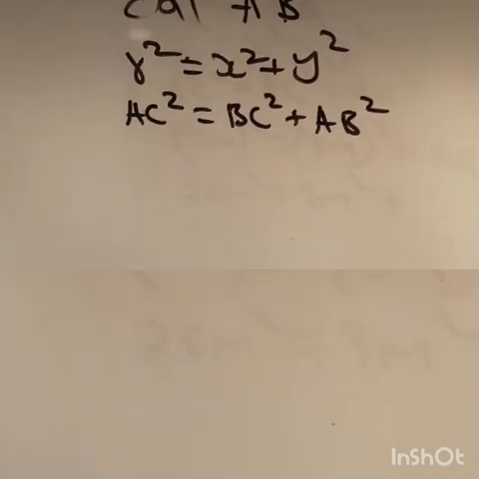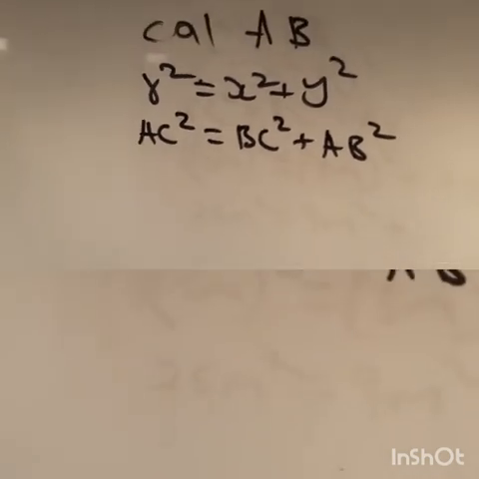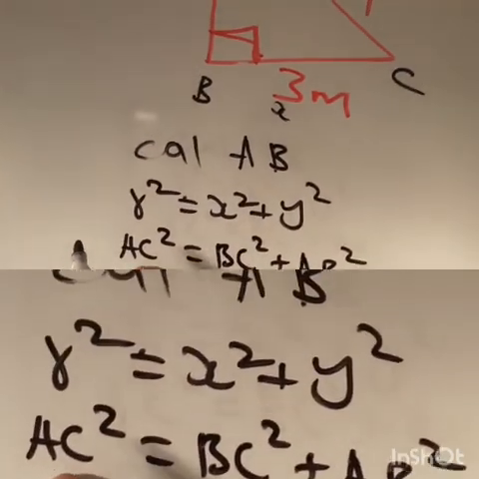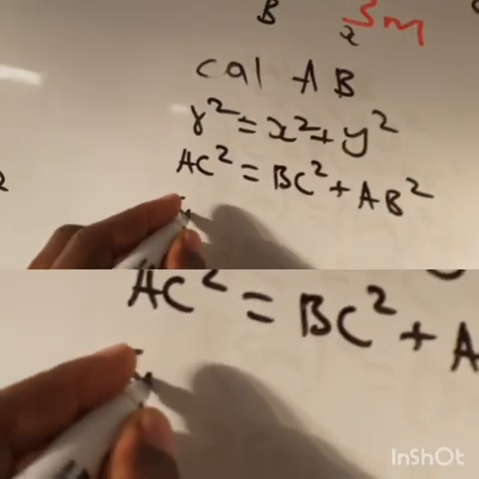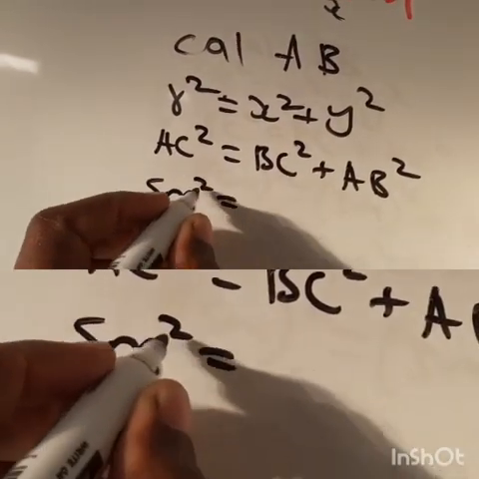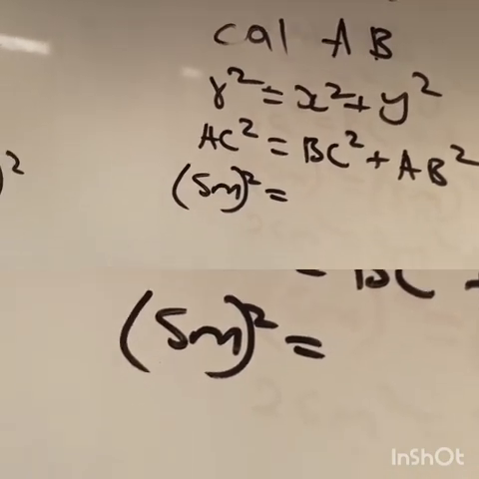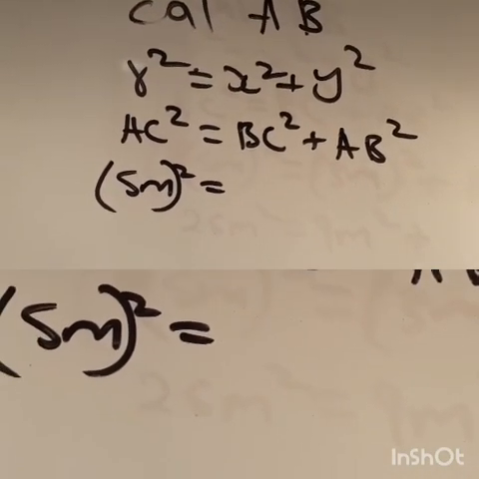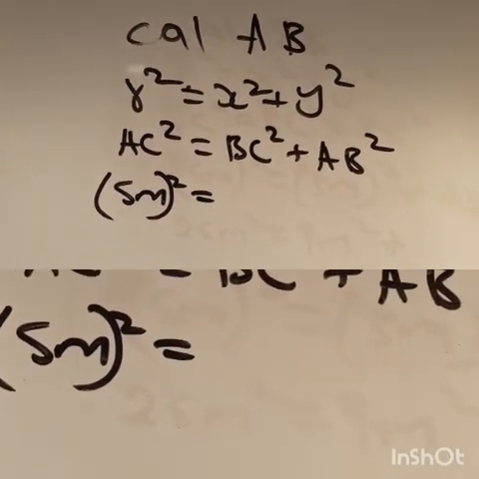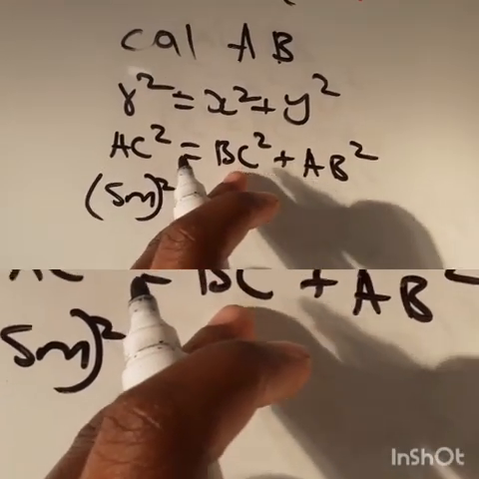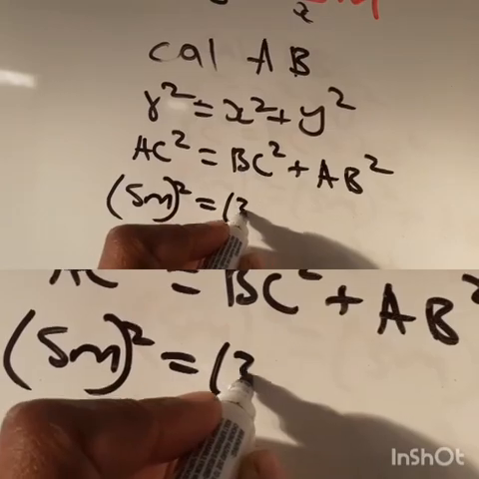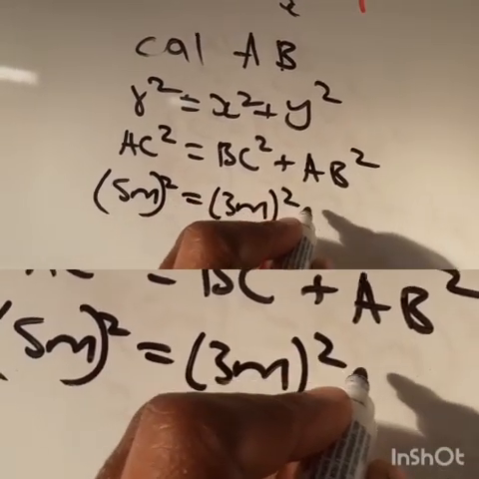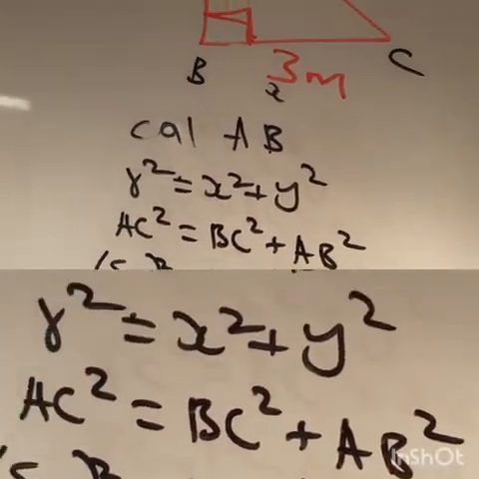Okay? So now I'm going to have to substitute. Where there is AC, I was given 5 meters. So here's my 5 meters. I'm substituting. Don't forget to put it in brackets. Now we have my BC. Where there is BC, I was given 3 meters. Here's my 3 meters in brackets, plus where there is AB.